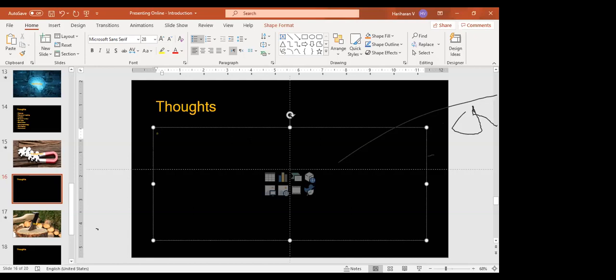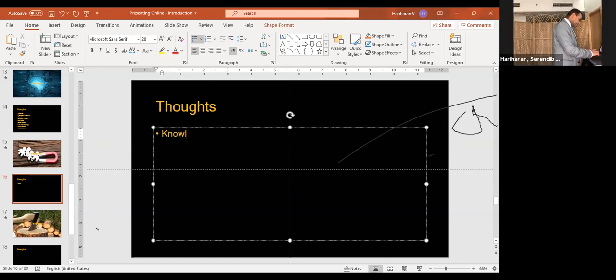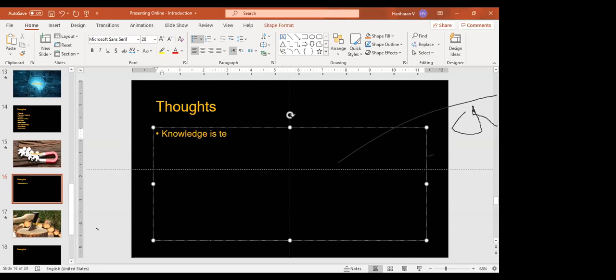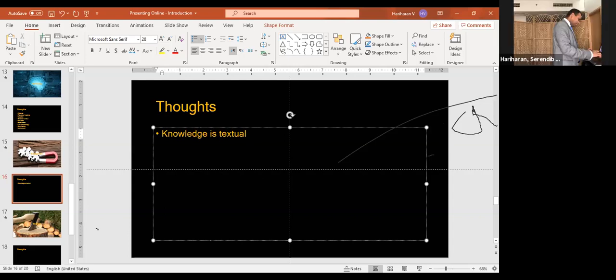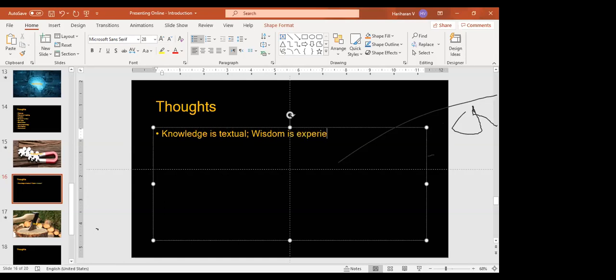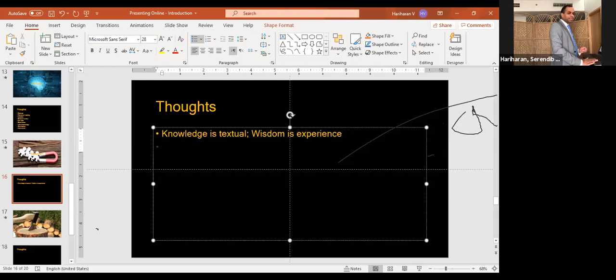Knowledge is what we gain from the text. Wisdom we gain from experience. So knowledge is textual. Wisdom we gain through experience. Okay. Anybody else?